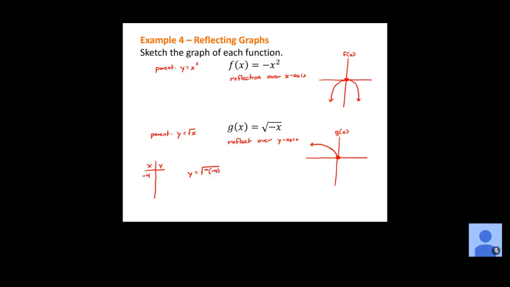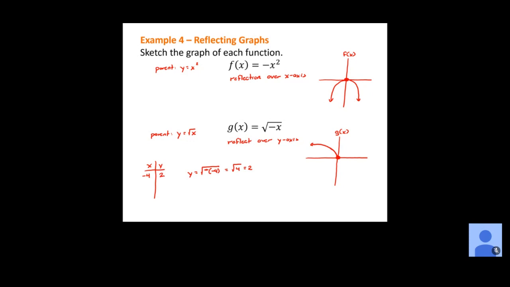And so -4 would actually become what? A +4. And when we take the square root of 4, that just gives us 2, right? So that's why this works, is because now the negative x values become a double negative because all of our x values are negative anyway. And so they all become positive, and we can actually take the square roots of those values now.